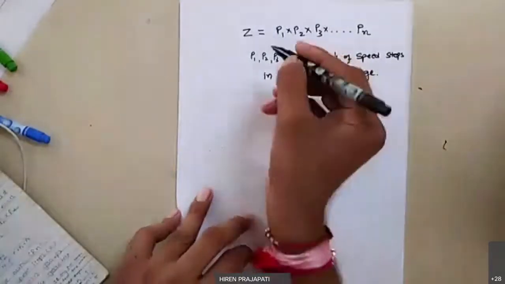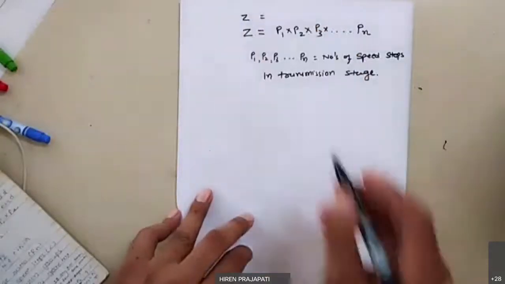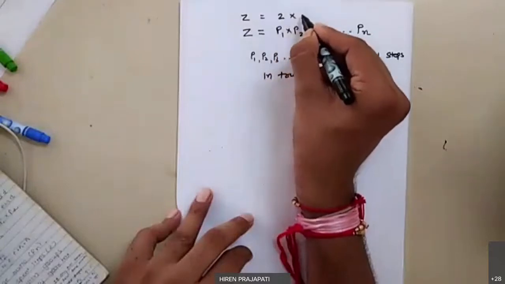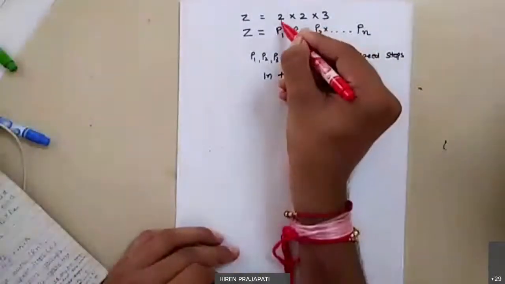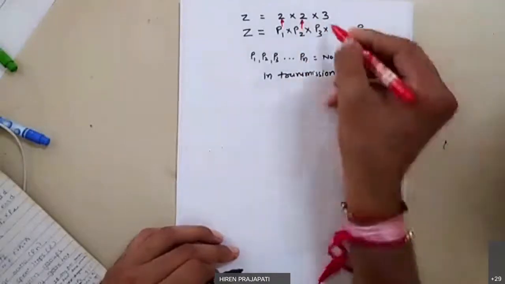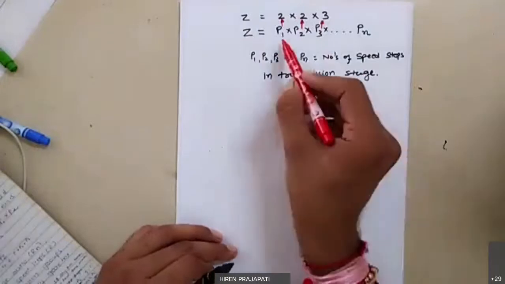So suppose I am writing Z for 12 number of speeds, then as recommended we go for 2, 2, 3, right? Then P1 will be 2, P2 will be 2 and P3 will be 3. So that is the understanding.